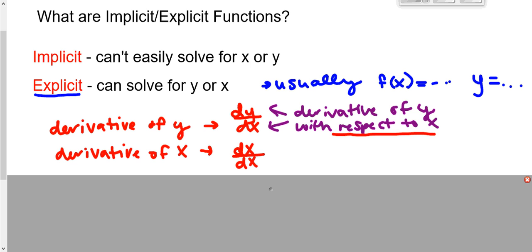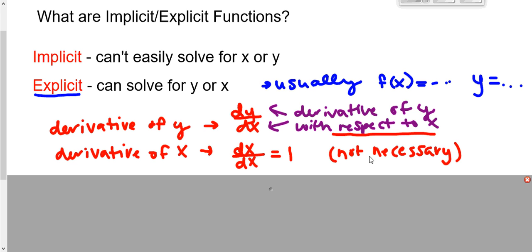So this is just dx over dx, the same thing over the same thing, which is 1. This is not necessary. But dy dx is necessary because it doesn't cancel out.